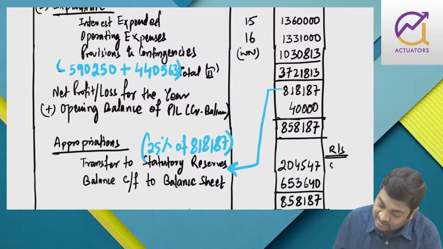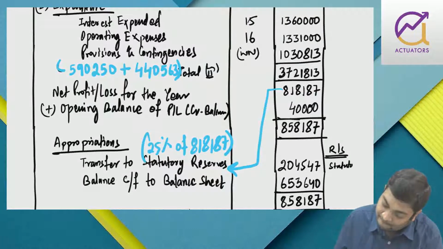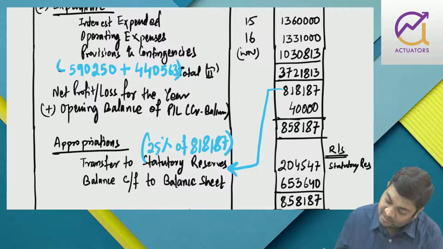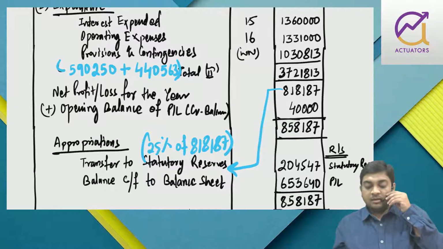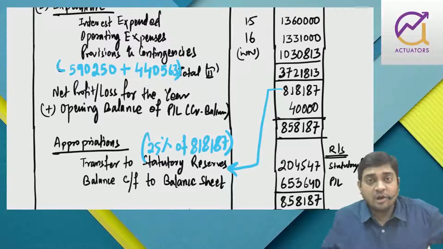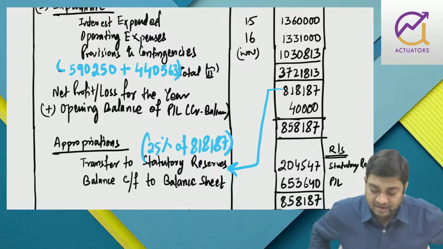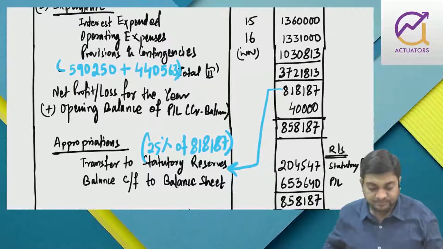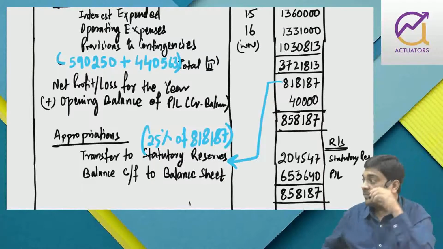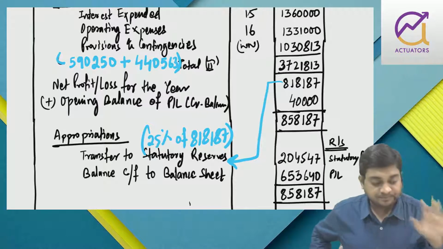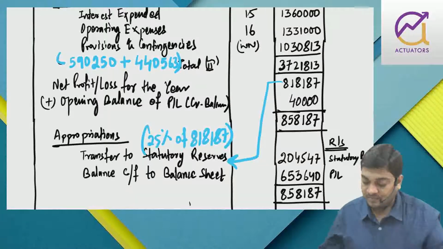This will be shown as statutory reserve and this will be shown under the head P&L. This transfer to statutory reserve will also be carried forward to balance sheet but under a different heading. Getting my point? So this is how it is done. Just have a look.